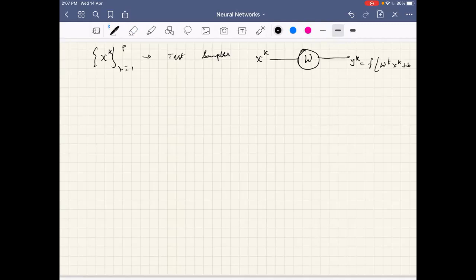Please note that in the ideal case, we can even absorb this. This is xk dash and w dash. We can even write it like this, as you know, as an extended vector: xk dash is equal to xk and 1, and w dash is equal to the weight vector w and b put together. Fine. Now when you test them, all of them may not be correctly classified.